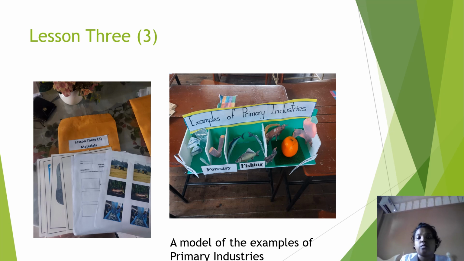It was made out of foam board and pictures cut out of fishes, cows, logs, and diamond and gold. Aluminum foil was used for making the diamond. It took roughly 2 hours to make.